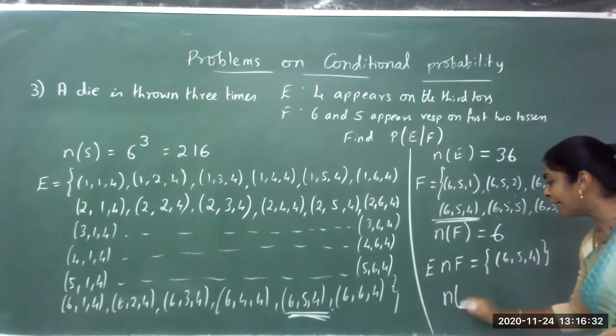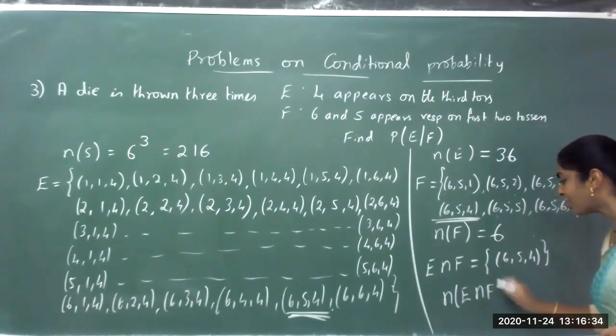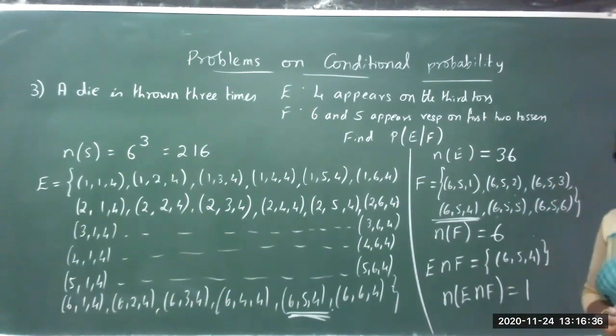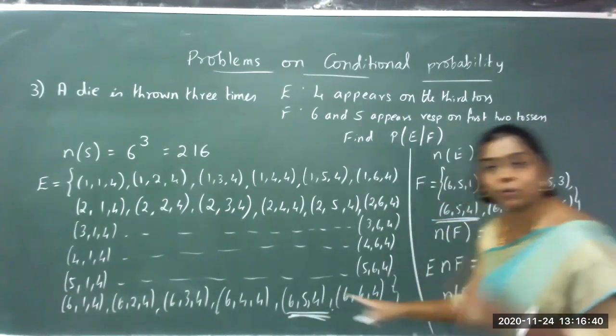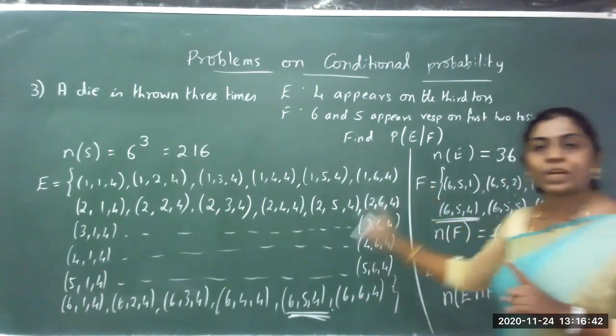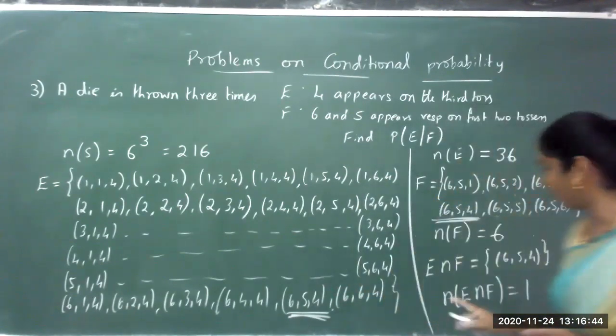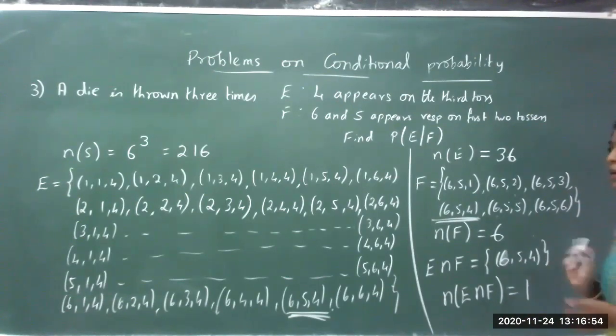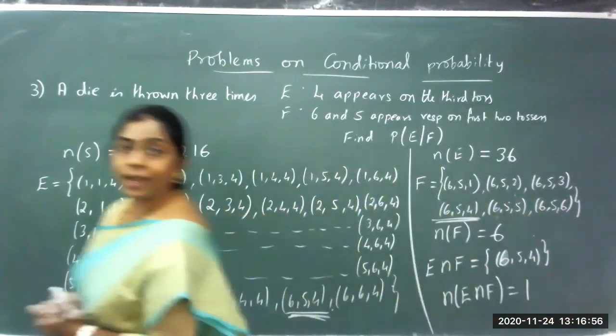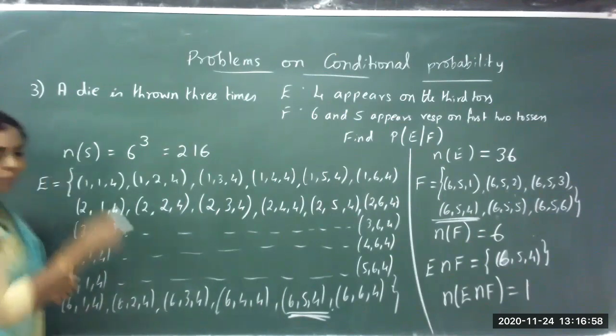Then the number of elements in E intersection F is 1. E intersection F has only 6, 5, 4. Now I have to find the conditional probability.